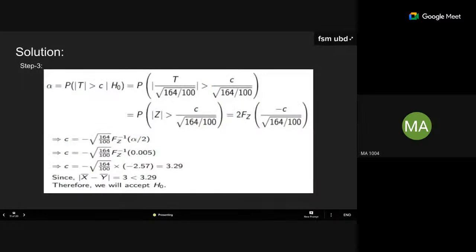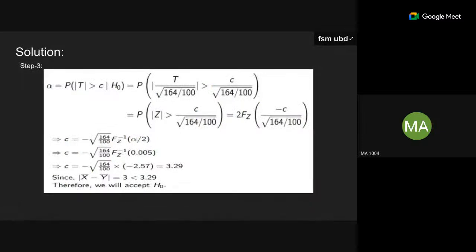So a quick idea is: how can you write this probability that mod z is greater than some c? When will your mod z be greater than some c? Just remove the modulus from the picture. What will you get?